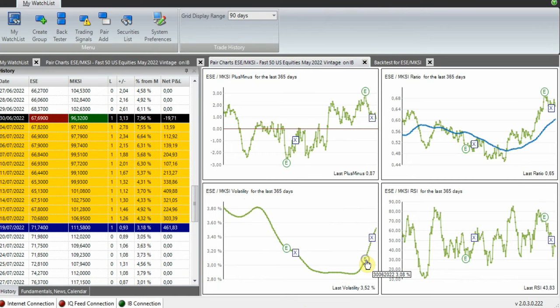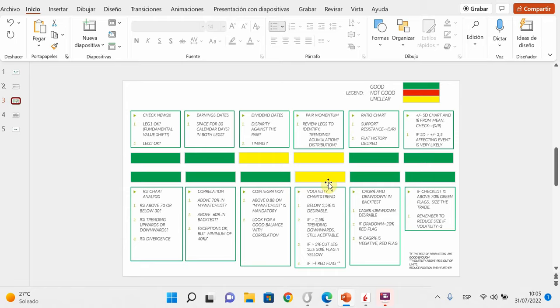So instead of going all the way with a 10,000 per leg bet we normally do, we're going to go with a 5,000, so half of it. We consider that 10,000 is too risky for this trade. We mark that also with the yellow.